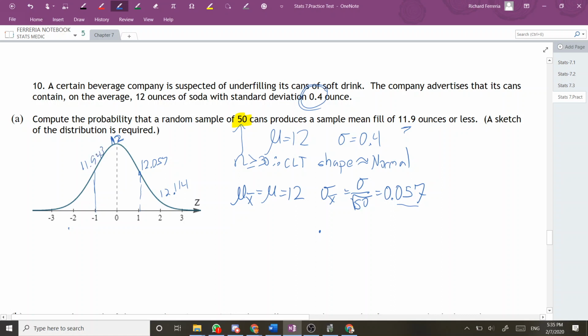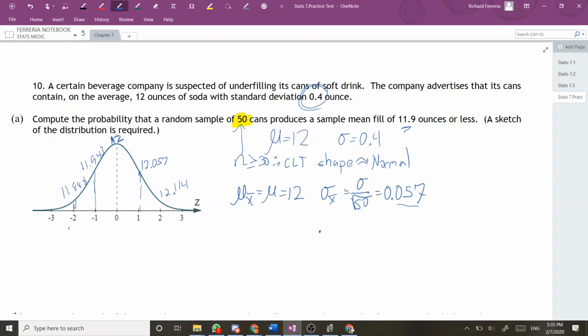And then subtract another 0.057. That's going to be 11.886 for 2 standard deviations. Okay, so that should be more than enough curve for me to do my sketch.